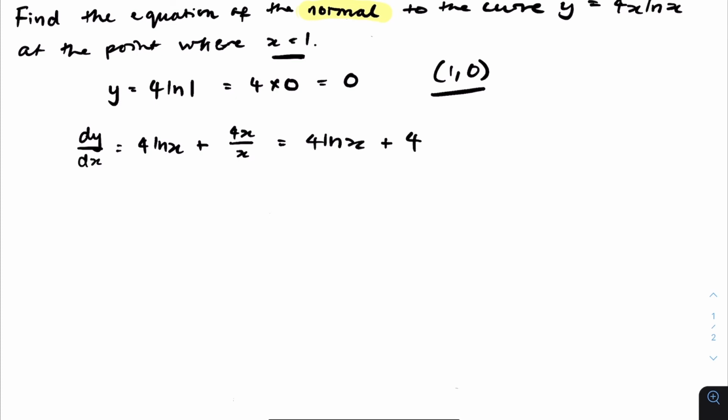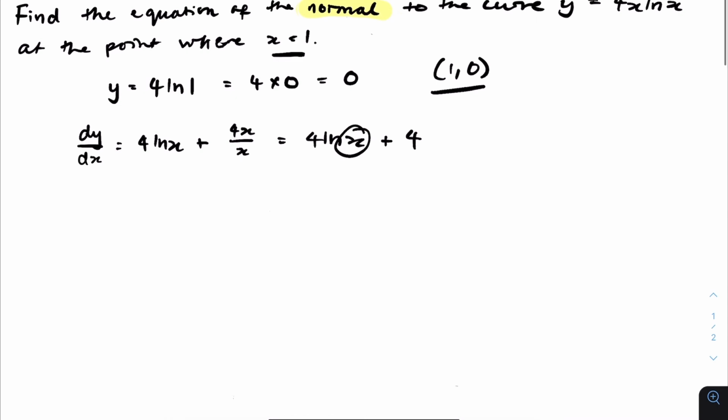And now we substitute 1 into the value of x we're given. So we get 4 ln 1 plus 4 to get our gradient. 4 ln 1, as we established over here, is just 0. So we have 0 plus 4, which is 4. So our gradient at this point is 4.